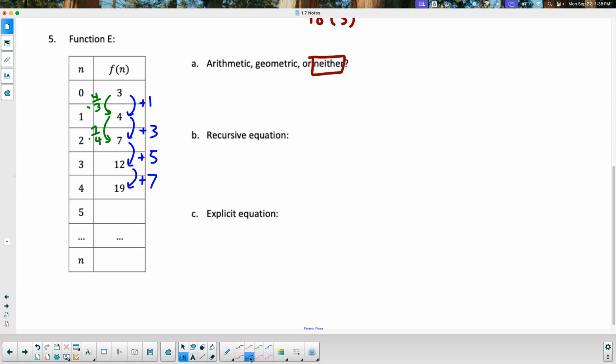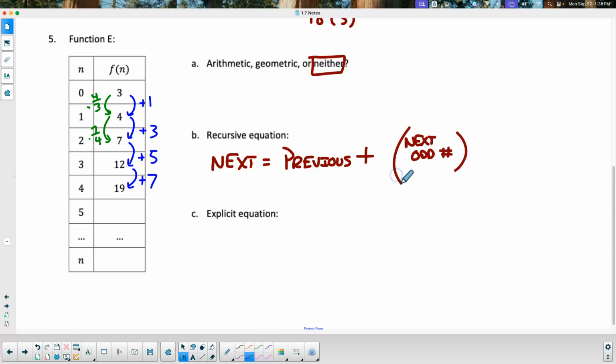Yeah. So like the next is equal to the previous plus the next odd number, right? Because it went 1, 3, 5, 7, something like that.